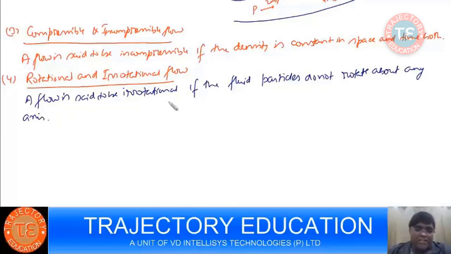A rotational flow is opposite to this, where the fluid particles are rotating, like a whirlpool. In irrotational flow, fluid particles are not rotating about any axis, and in rotational flow, fluid particles will be rotating about a certain axis.